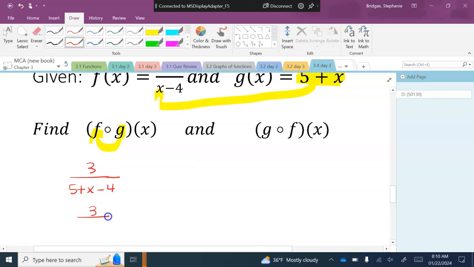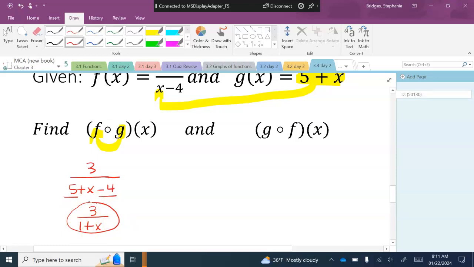So that's 3 over 1 plus x. If you combine the positive 5 and the negative 4, that gives you a 1. You could also put that as x plus 1. It would be the same. That would be your final for the composite there. Okay, so either 3 over 1 plus x or 3 over x plus 1.